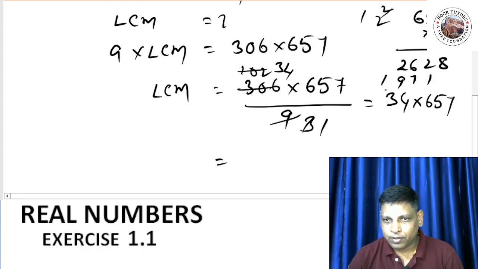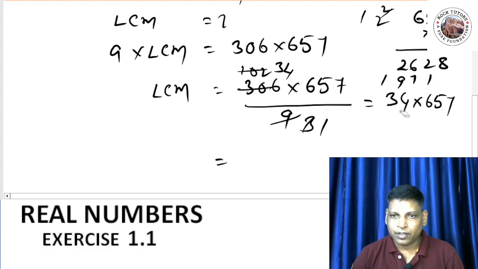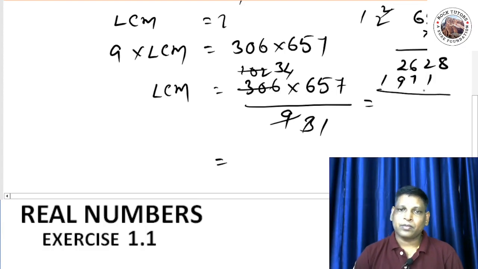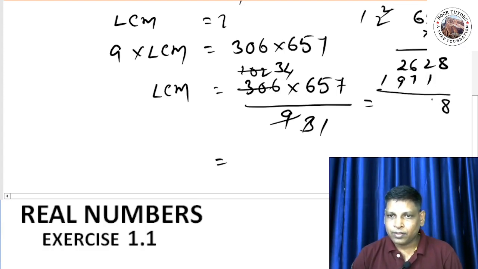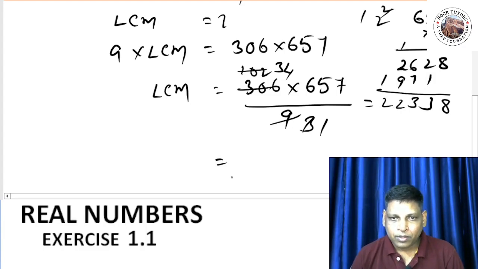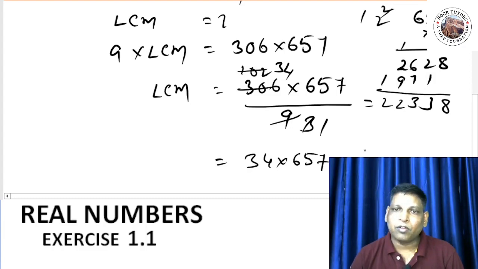Oh, sorry. So 34 into 657 is equal to 22,338. This is the LCM.